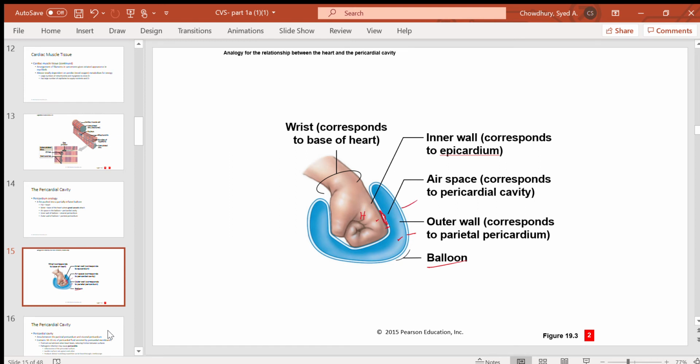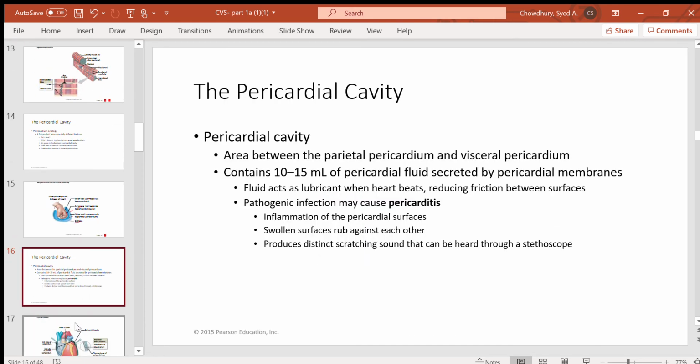This is the parietal layer, and the space is partially fluid filled, and also has air in it. How much fluid can be in the pericardial space? About 10 to 15 milliliters.